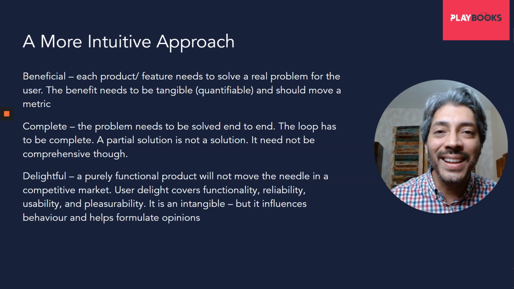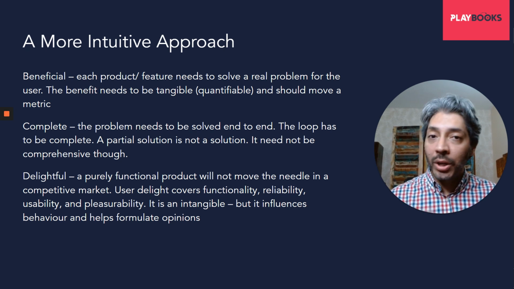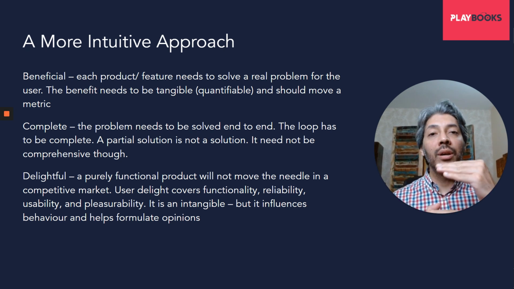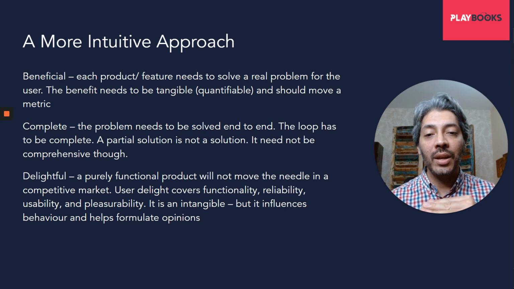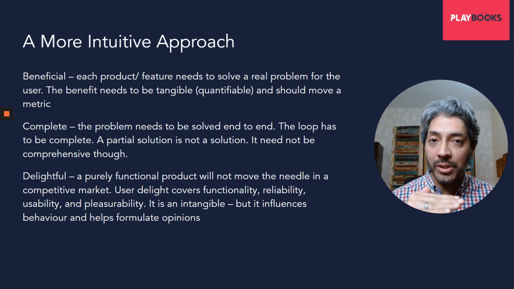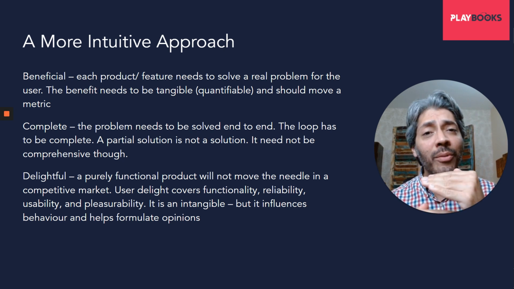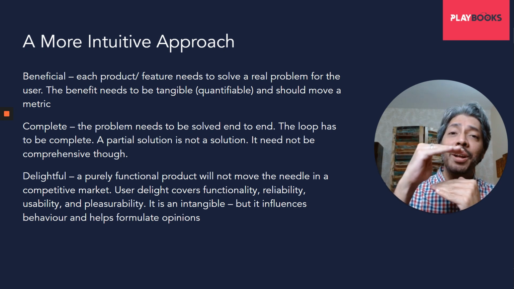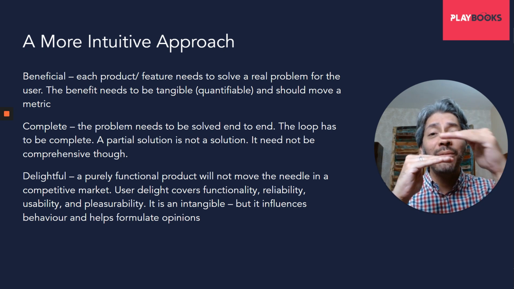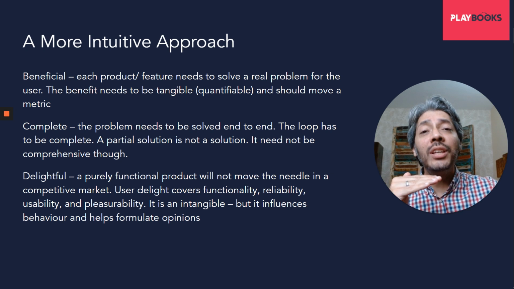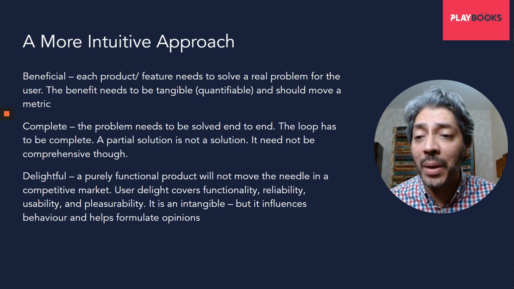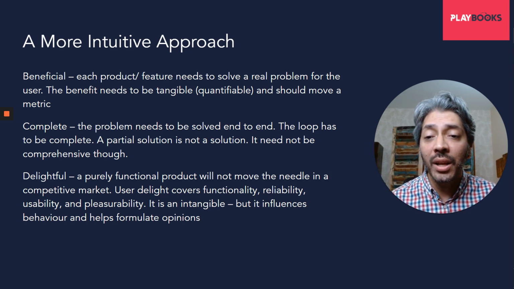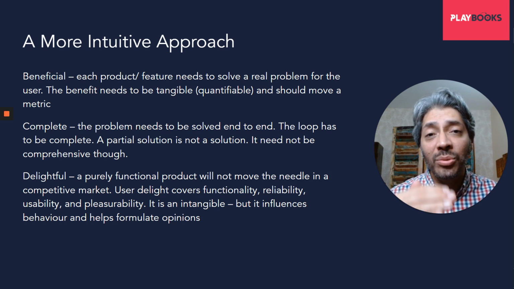The last bit, delightful. We've spoken about this in other videos, but there are 4 layers of design. You need to build a product which is functional. You need to build a product which is reliable. Then you need to build a product which is usable. And finally, there's a layer of pleasurability. All these 4 layers put together is what make a product really, really delightful. But this is super critical.